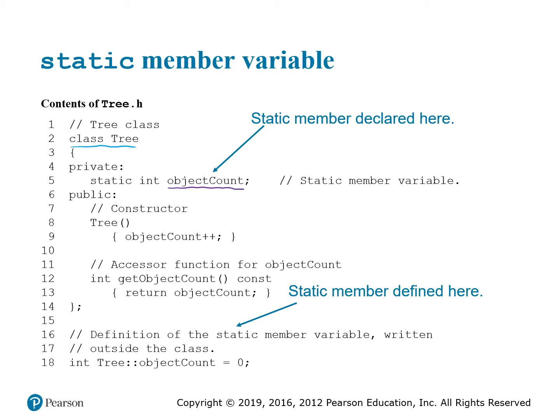So it doesn't make sense for each tree to have their own different number of trees. So we make that a static int objectCount. You define it just like any other variable, but you prefix it with the word static, which makes it belong to the class instead of to each individual object.